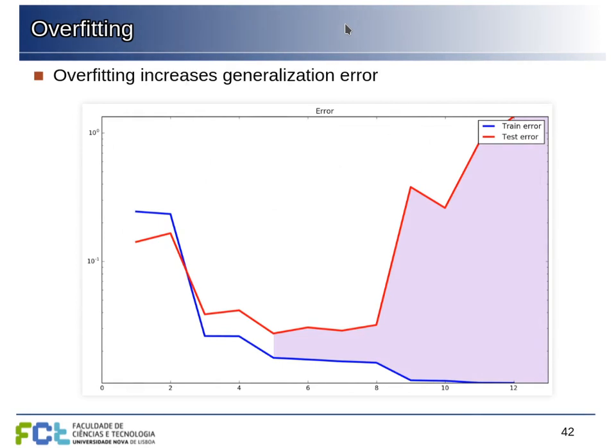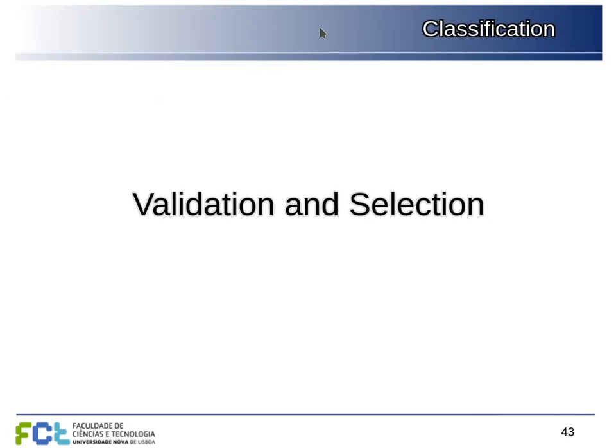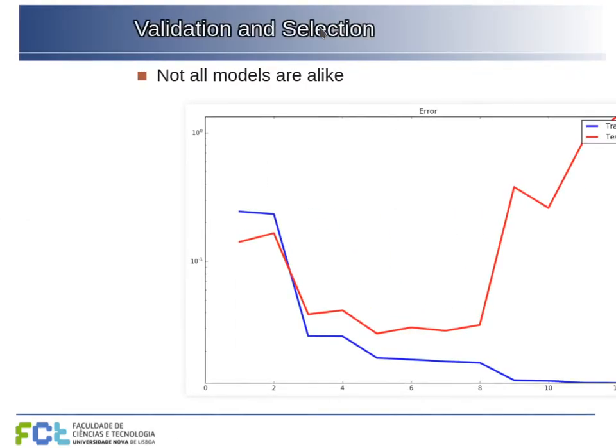Basically, when we are overfitting, we are increasing the generalization error, but especially important, we are increasing the test error. So it would not be a good idea to choose a model that performs like this, because even though it's very good on the training set, it works badly outside the training set. So let's see how we can select the models.